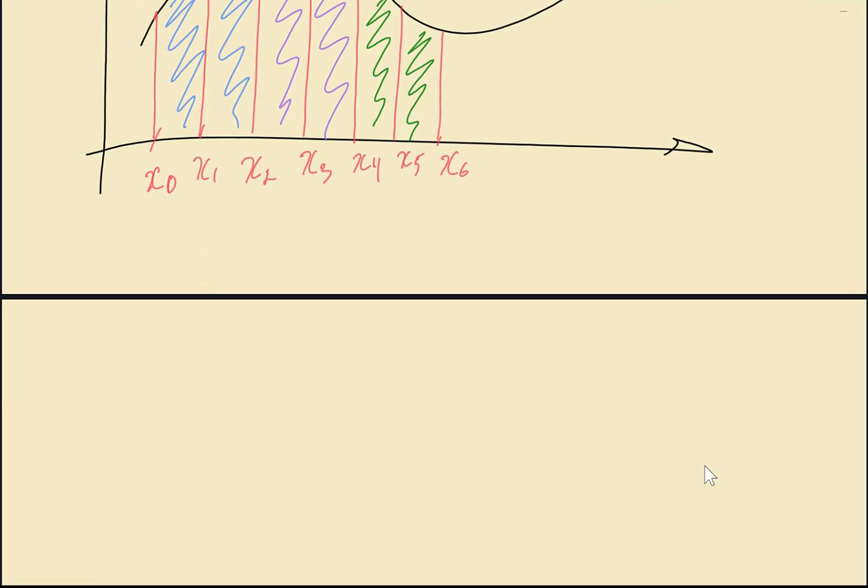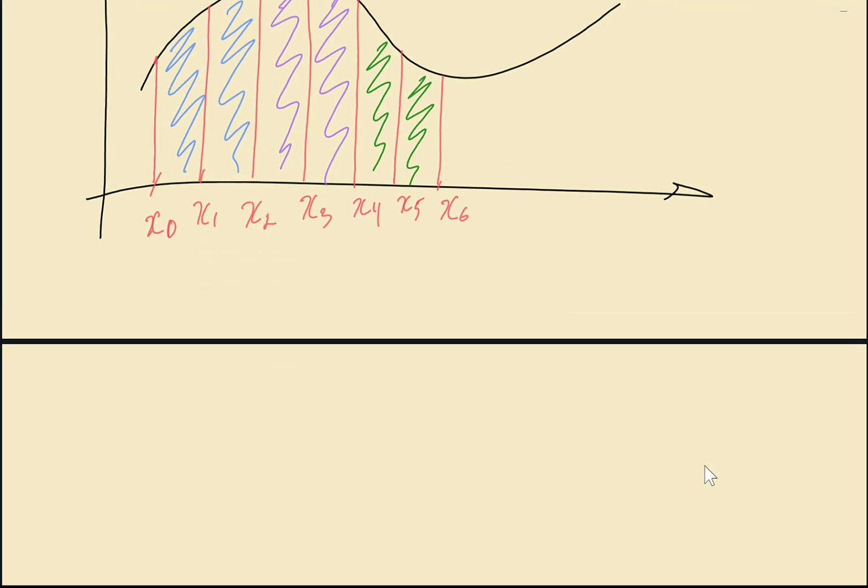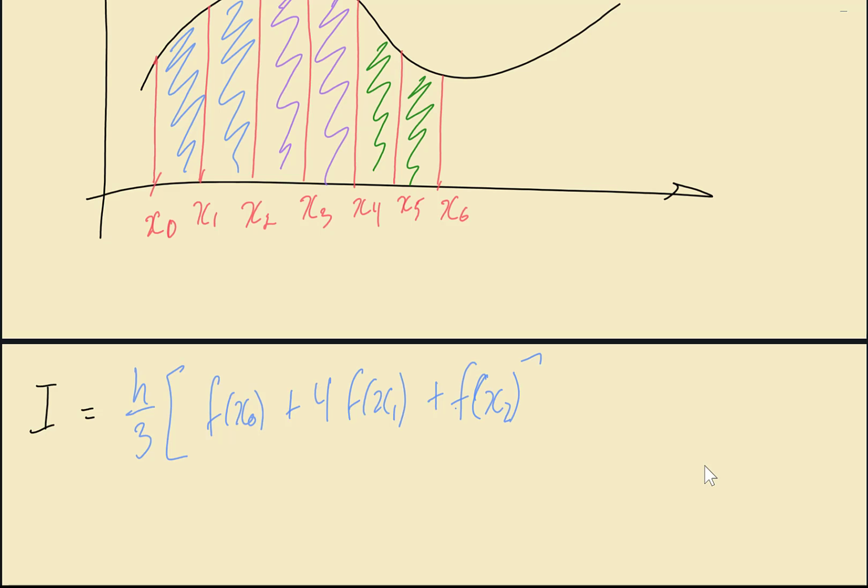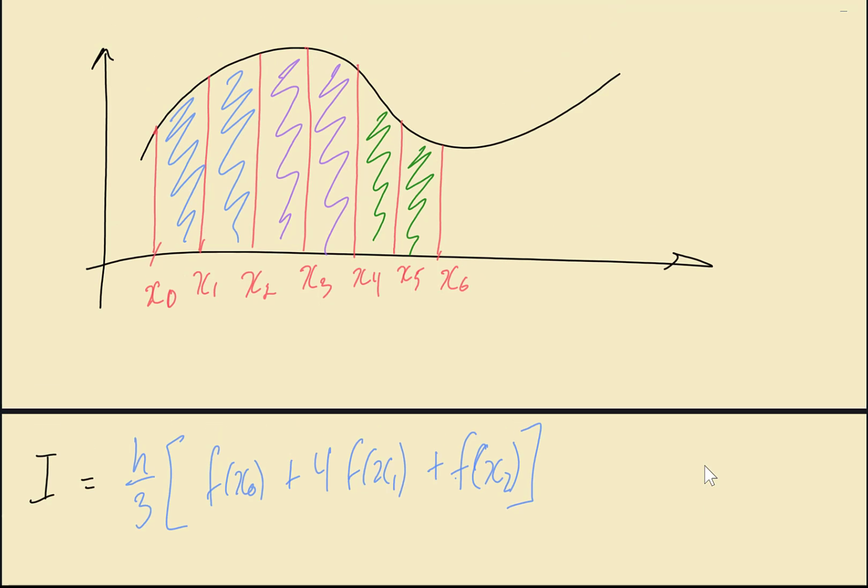So in this case, the integral I is going to equal h over 3 times f of x0 plus 4 times f of x1 plus f of x2. So that's covering the first 2 segments.